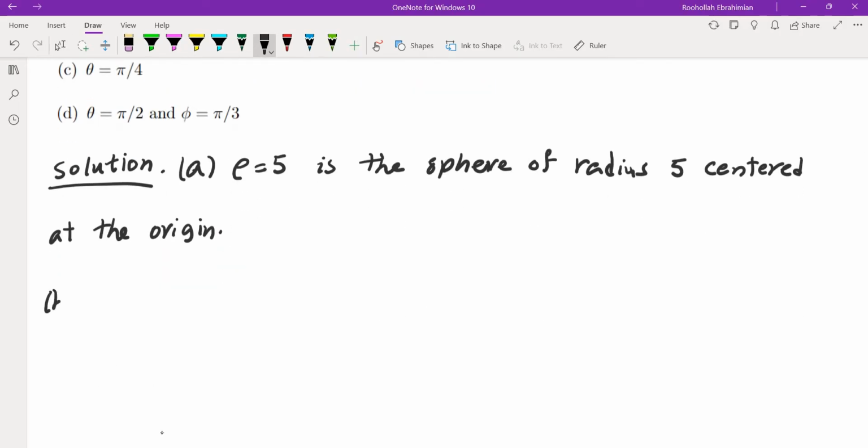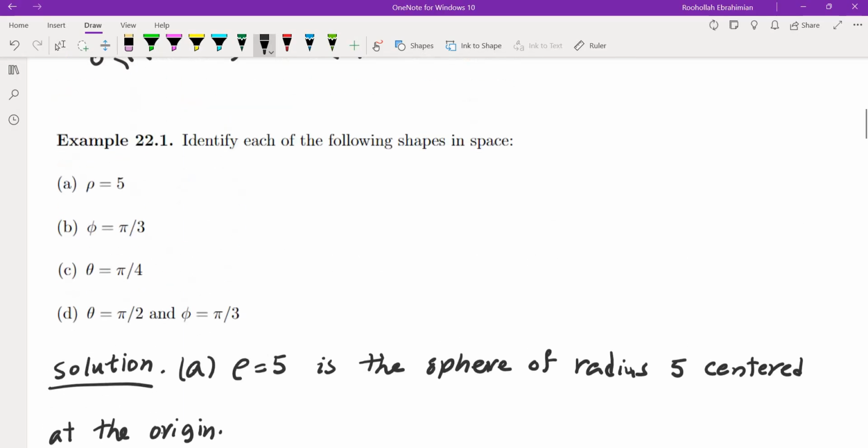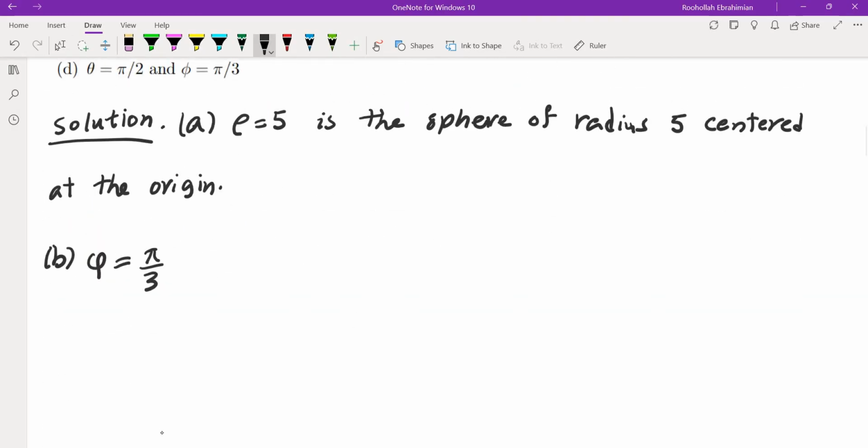Now let's look at the next one. The next one is phi equals pi over 3. So what does it mean that the angle is pi over 3? If we look at the angle phi, we want this angle to be a fixed angle.